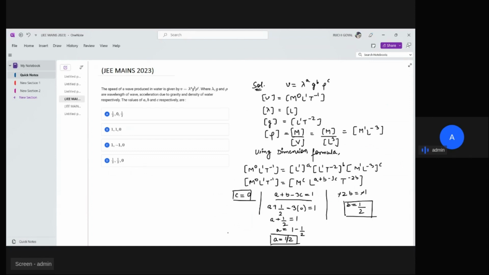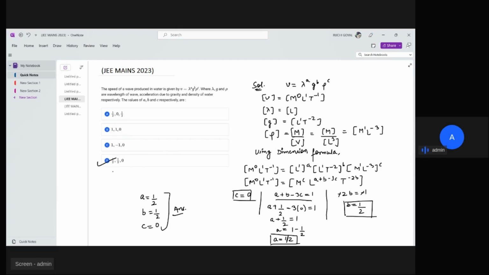So we have found out A, B and C. So A is 1 by 2, B is 1 by 2 and C is 0. So this is the answer. So which option is matching with A, B and C? 1 by 2, 1 by 2 and 0. The D option is matching, right?